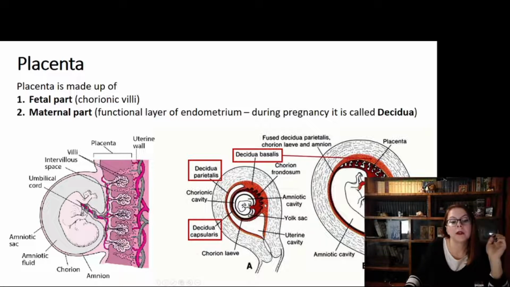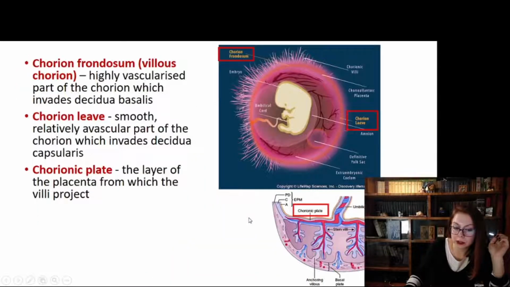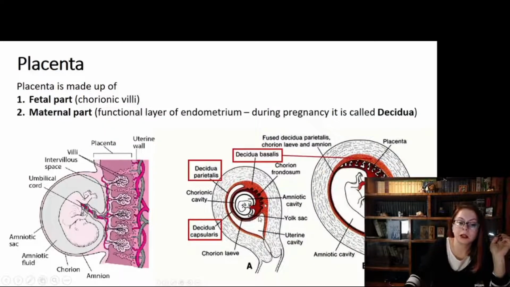Decidua basalis. Then the layer of endometrium surrounding the embryo, projecting inside the uterine cavity, is called decidua capsularis, like a capsule around the embryo. It is devoid of chorionic villi. Actually, they are present, but they are not very well developed.